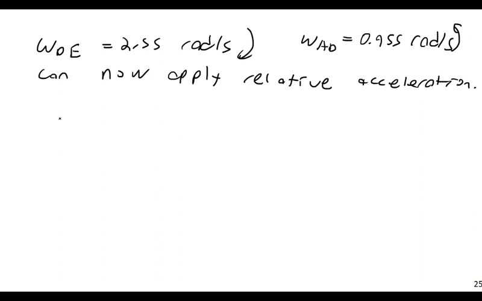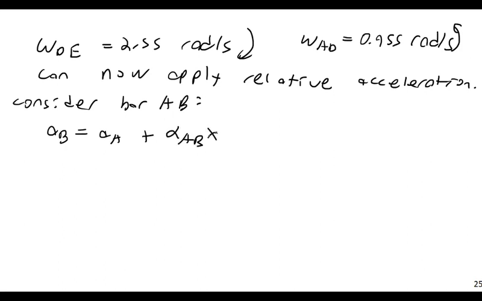So if I consider bar AB, I can do the same sort of thing as before. I can say A_B is equal to A_A plus alpha AB cross R_B with respect to A, minus omega squared AB R_BA, R from A to B, you might say.